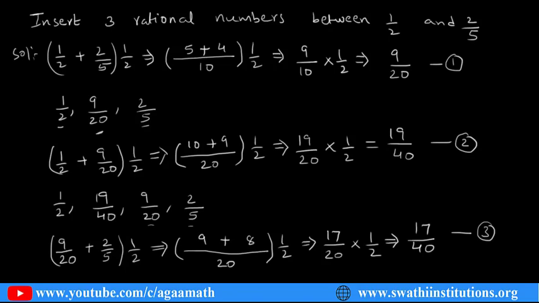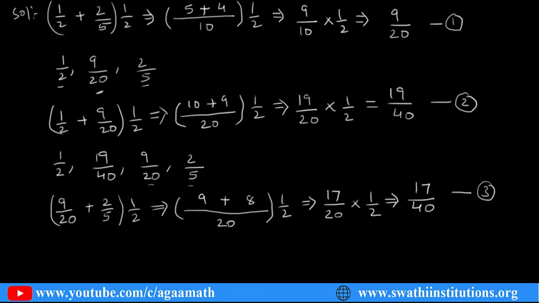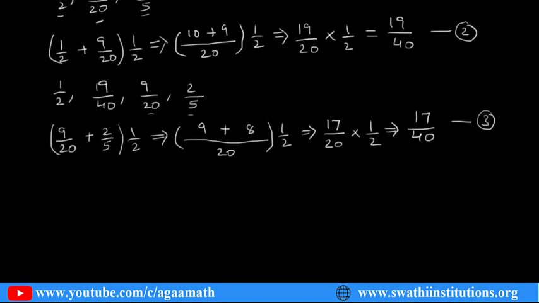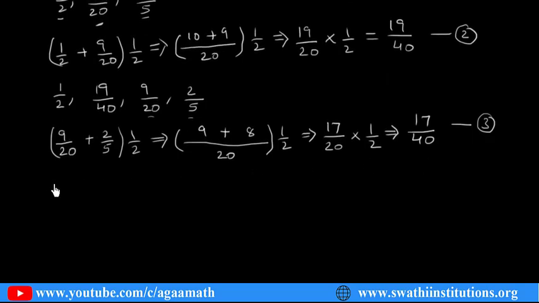Even we can do it in another method also. Let us see the second method. The given numbers are 1 by 2 and 2 by 5, right?